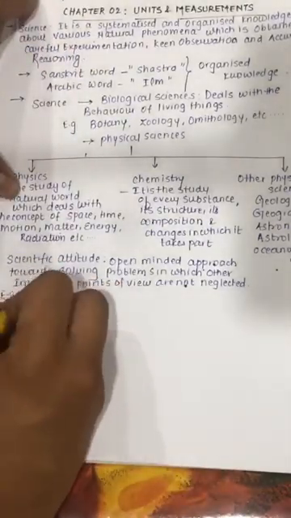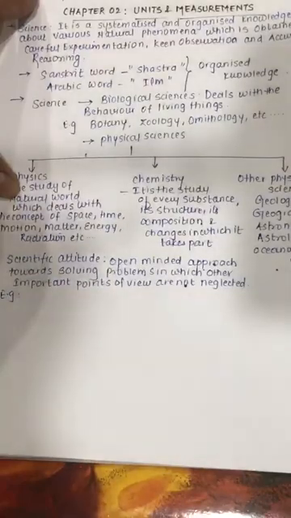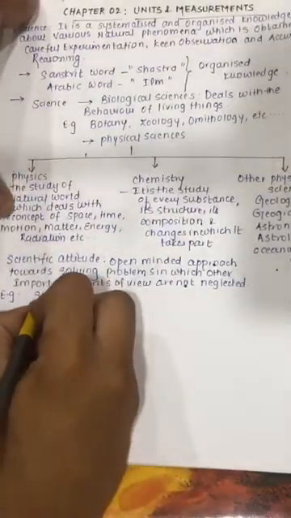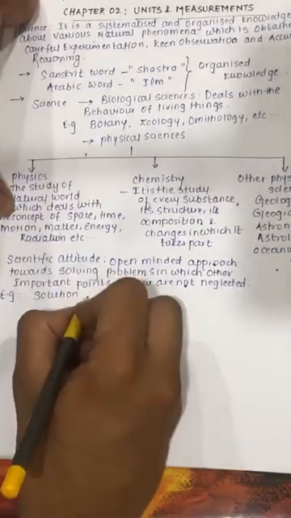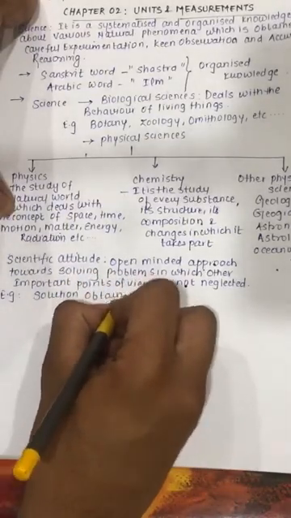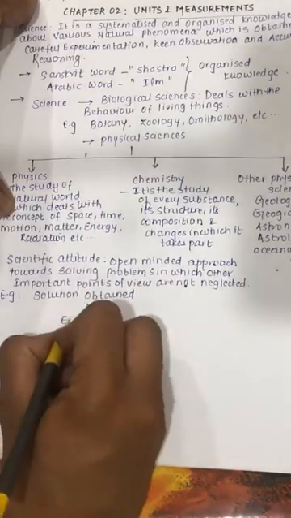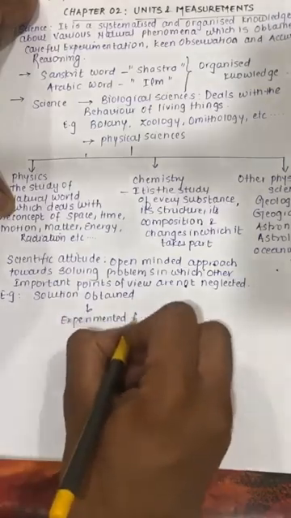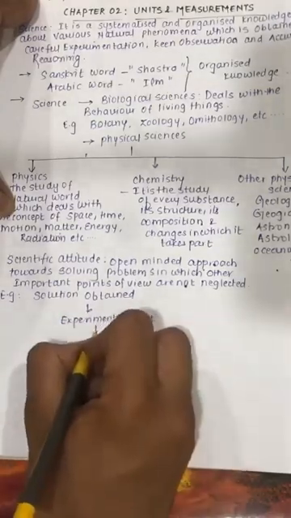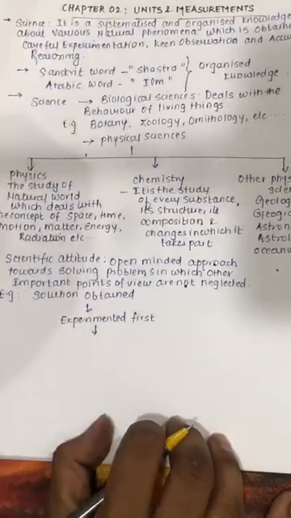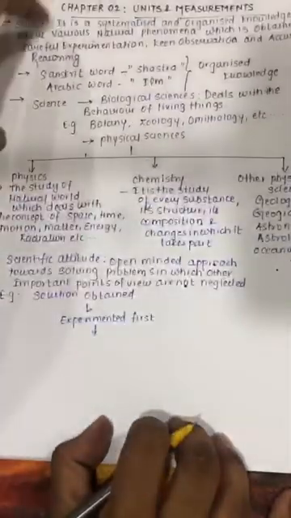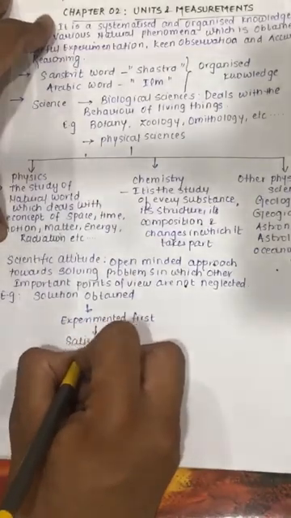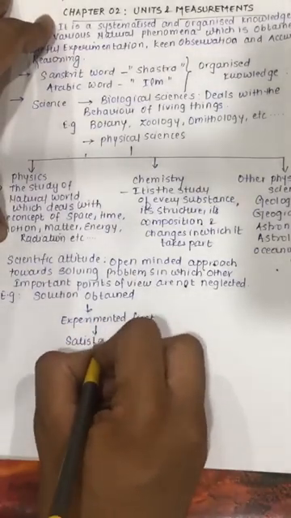I can give you one example. If you are performing some experiment in order to derive the solution for some problem, and a solution is obtained, it is experimented first in order to check the reliability of the solution that you have got, whether the solution is perfect or not, whether it is satisfactory or not.